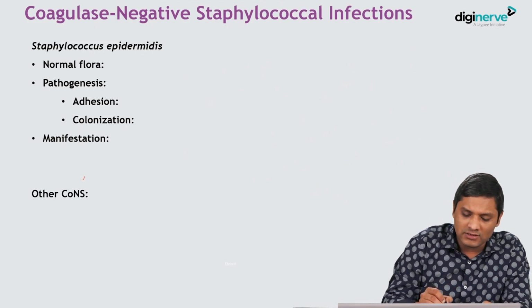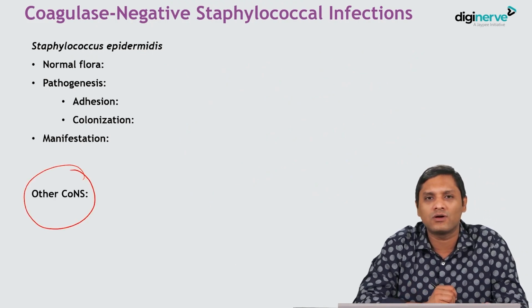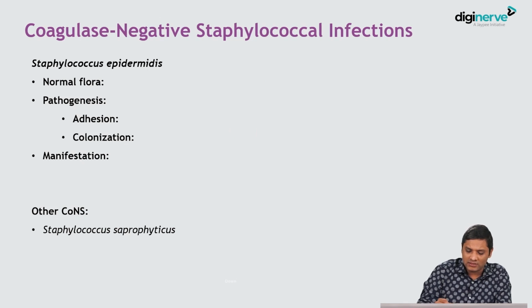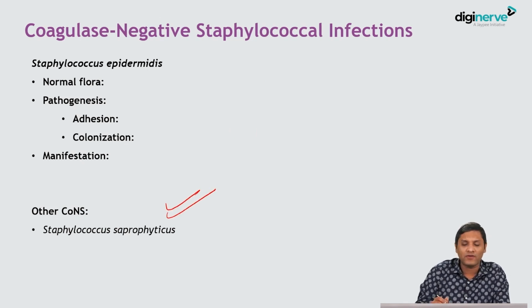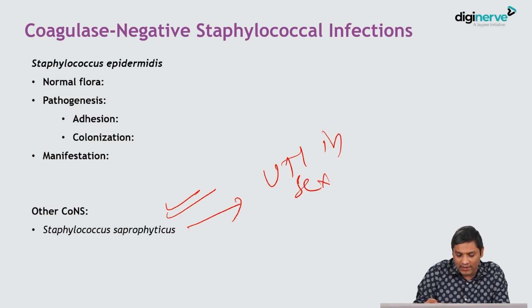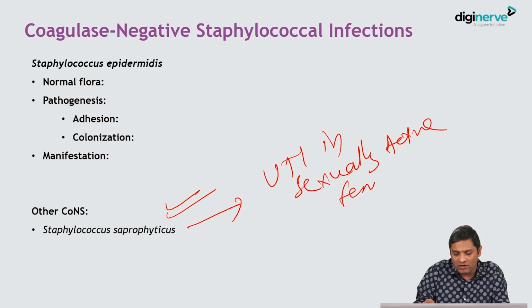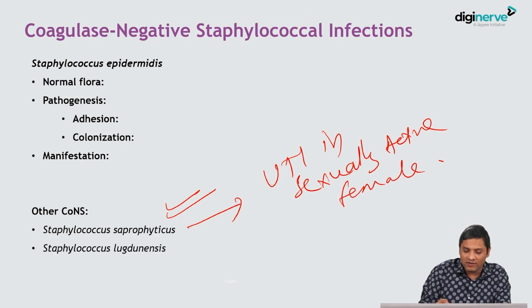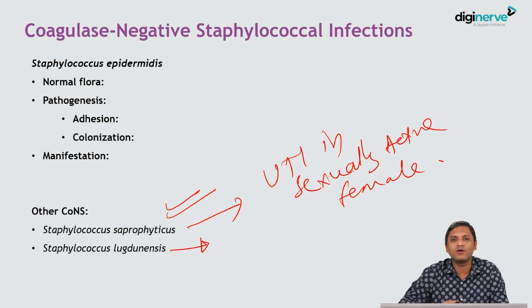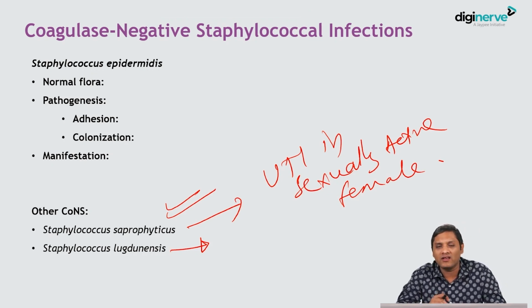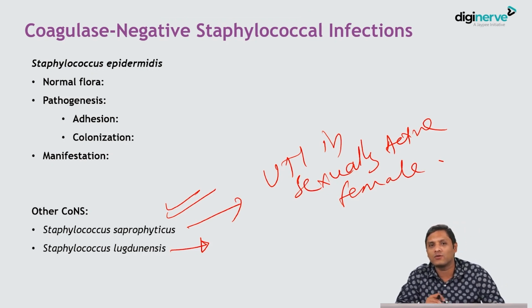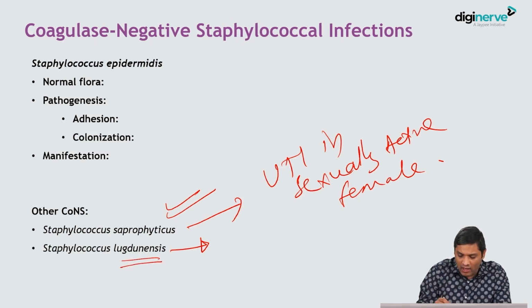Now we will discuss other coagulase negative staph, such as Staphylococcus saprophyticus. It is known to cause urinary tract infection in sexually active females. And Staphylococcus lugdunensis is also one of the Staphylococcus species which can be a human pathogen.